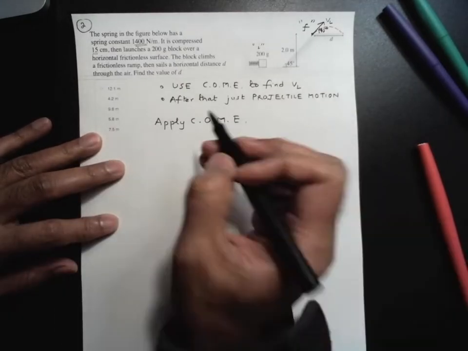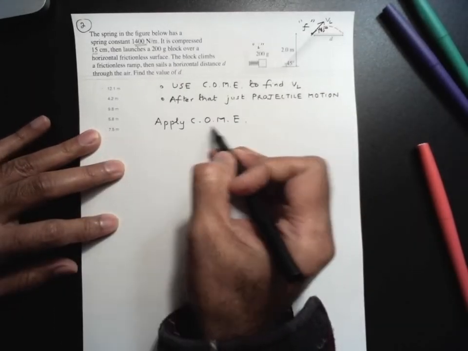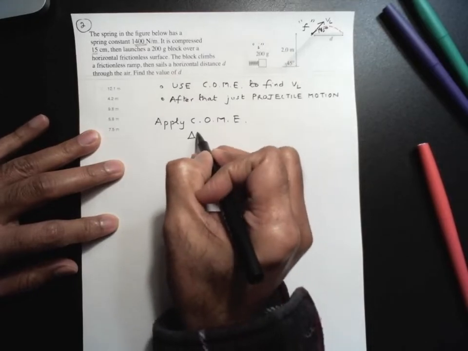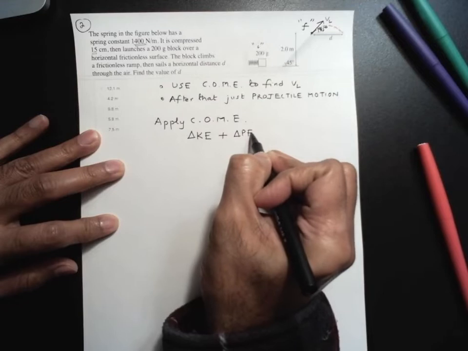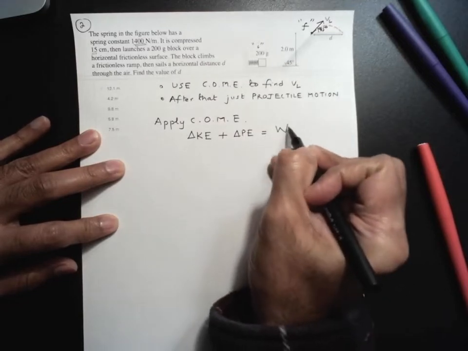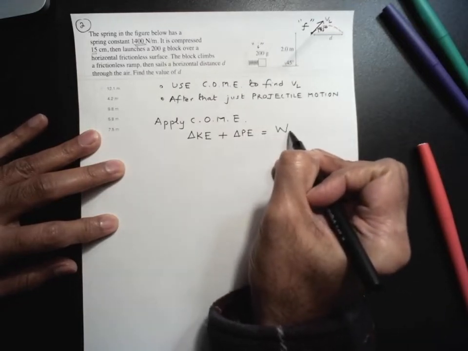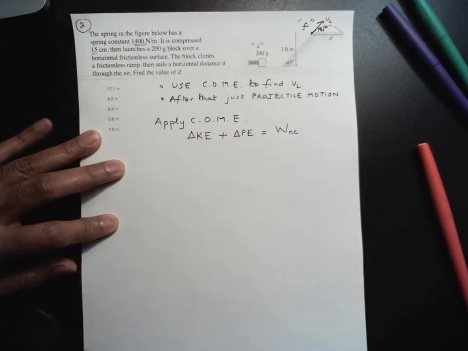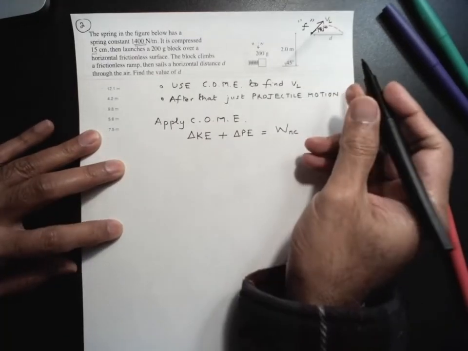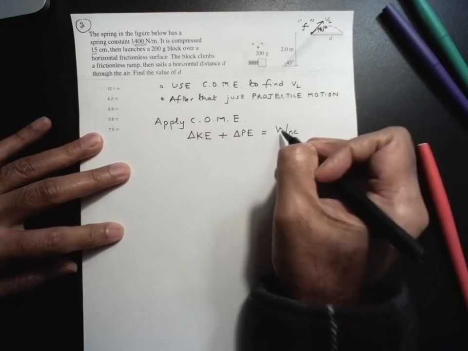And the law is always change in kinetic plus change in potential equals the work done by the non-conservative forces, right? So in this case, there are no non-conservative forces.